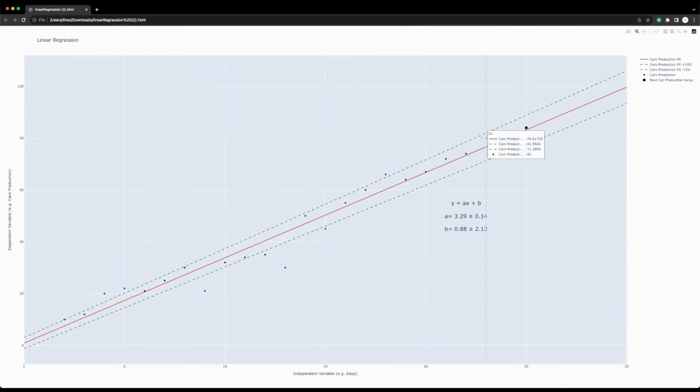In short, the idea of this uncertainty range is that we don't know exactly what the value of the cars will be, but we are giving an uncertainty level to give us the best prediction possible.